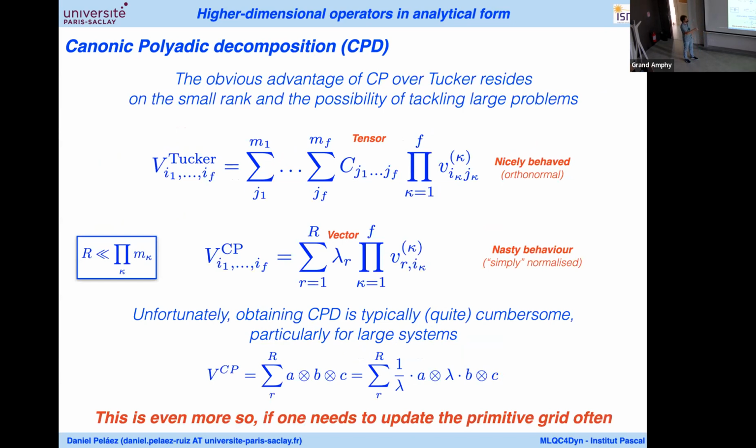So we said that here you've got a tensor, so you need many parameters, and here you've got a vector. You actually need way fewer parameters than in this case, but there's no free lunch. These functions are very nicely behaved. They are almost orthonormal, but these are just horrible. They can present very nasty behavior, okay?